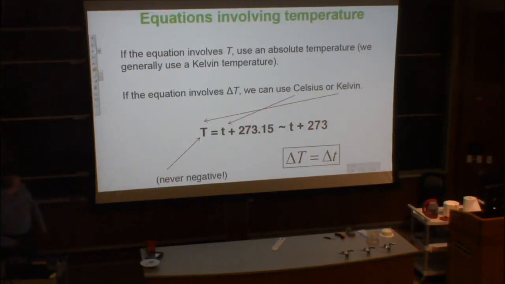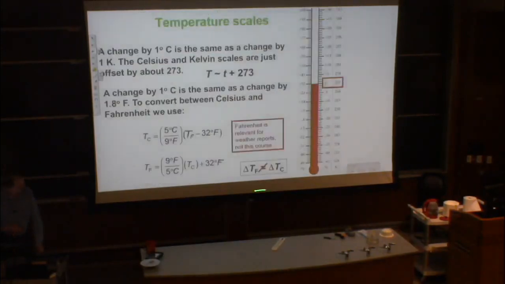The conversion between temperature measured in Celsius and in Kelvin is just a fixed number, which is good because very often we don't really need to know the temperature, we only need to know the change in it. And the change in Celsius is equal to the change in Kelvin. It is not equal in Fahrenheit. That's why we don't use Fahrenheit for calculations, just for weather reports.